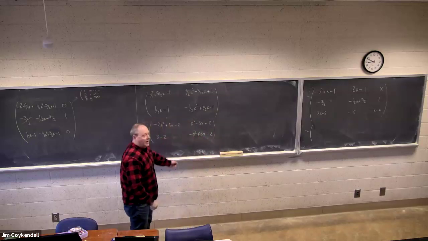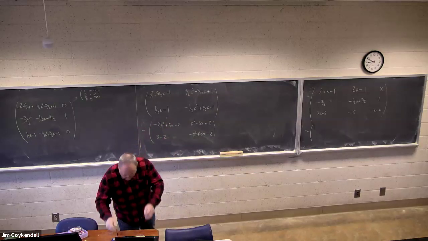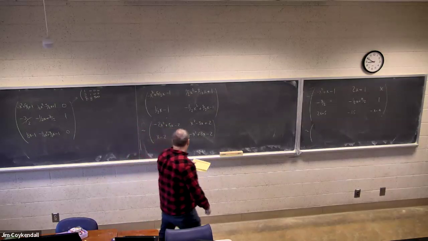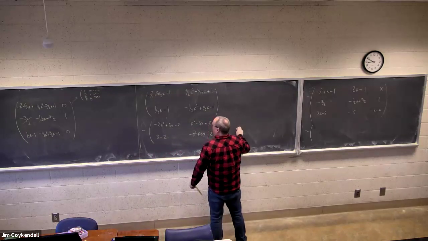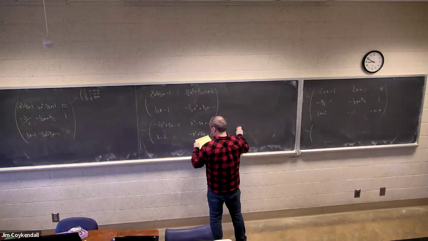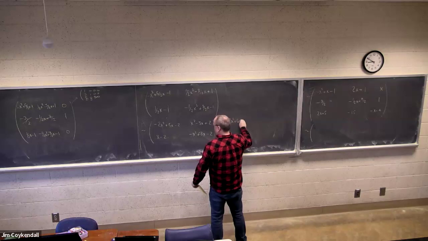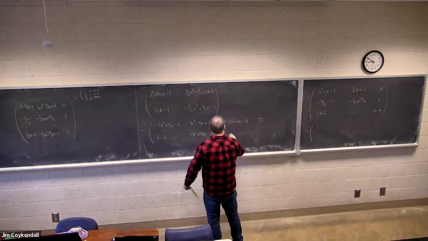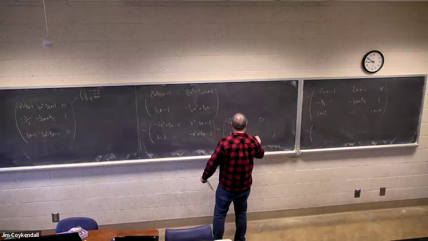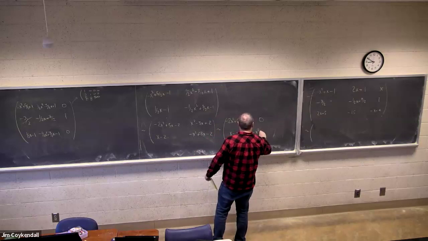And notice there's something very obvious here to do, right? So what we'll do is add this to this, and I get minus 2x squared plus 6x minus 4, 0, x minus 2, minus x squared 3x, 2.